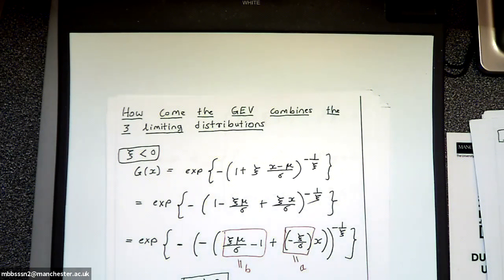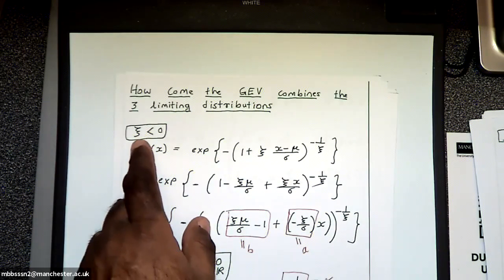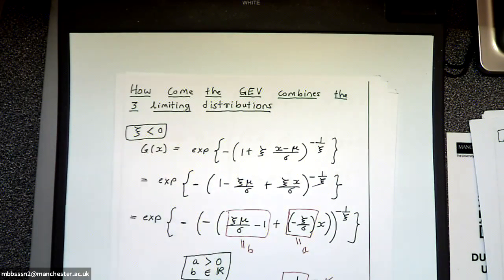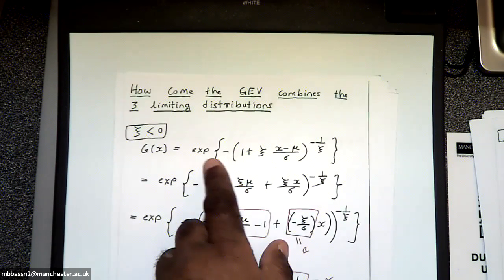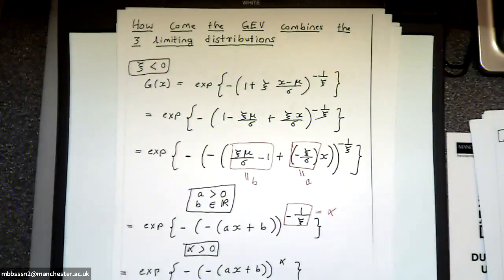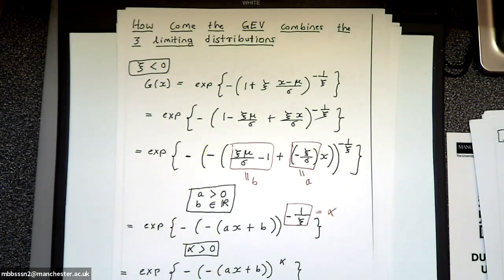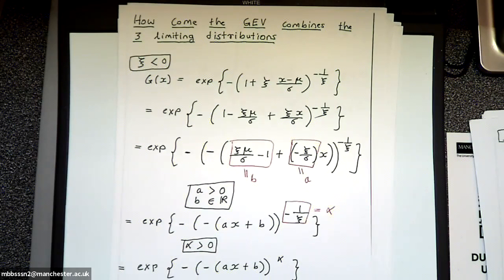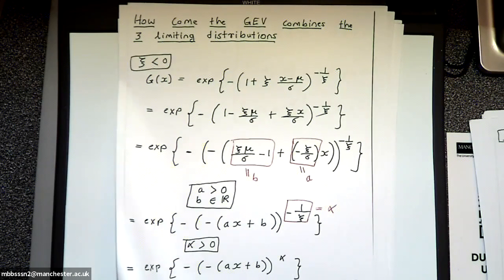All right, now the next question is how, as I said a second ago, the GEV distribution combines the three limits into one formula. Now, what's the explanation for that? The explanation is given here: when psi is negative, it turns out that this formula reduces to this formula here, which is of the same type as, remember, the formula for the CDF of the Weibull distribution, which is one of the limits, right?